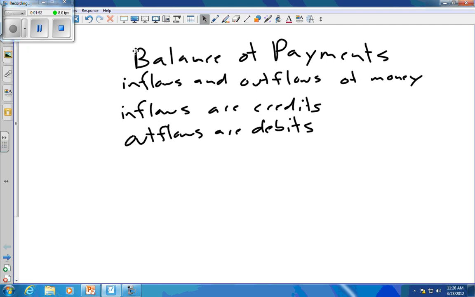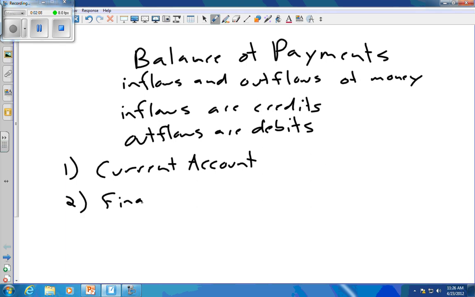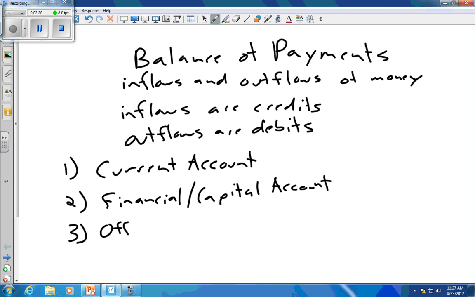Okay? And what you need to now know is that there are three main parts of the balance of payments. There's a current account, there is the financial/capital account, and then the last one is the least used, official reserves.